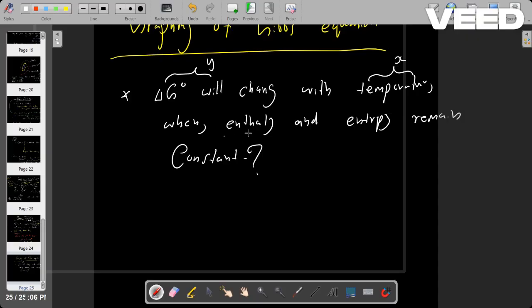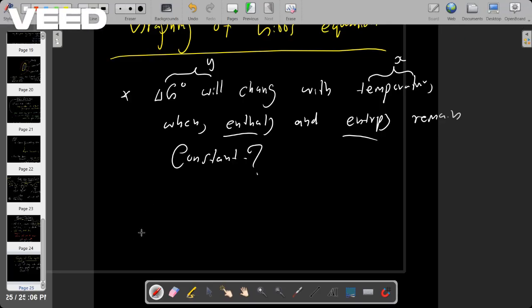Now you have to think of enthalpy and entropy also. These are constant values. So how may this look?